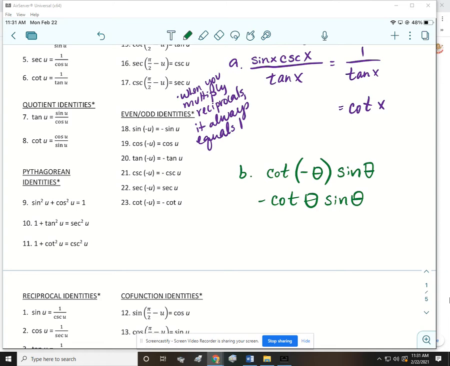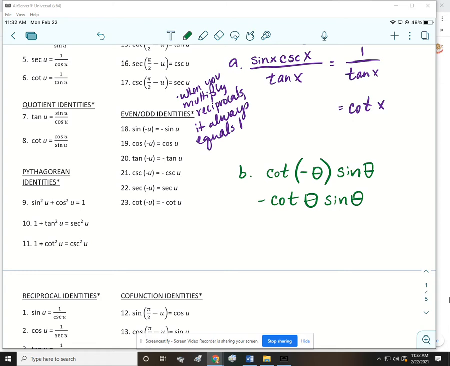All right. Then we start looking at cotangent and sine. Like I've told you before, I would probably only take one of them and change it. In this case, it would be smarter to change cotangent. Cotangent could equal 1 over tangent according to number 6, and cotangent could equal cosine over sine according to number 8.